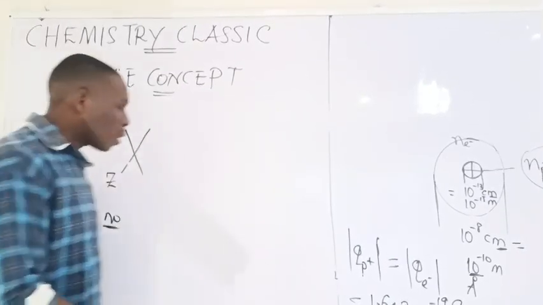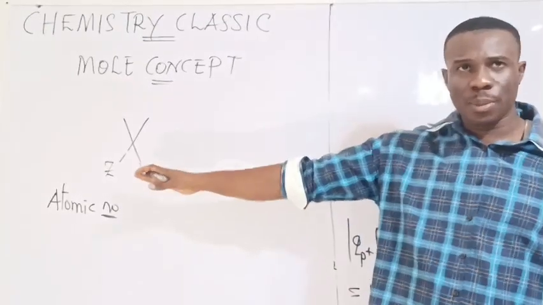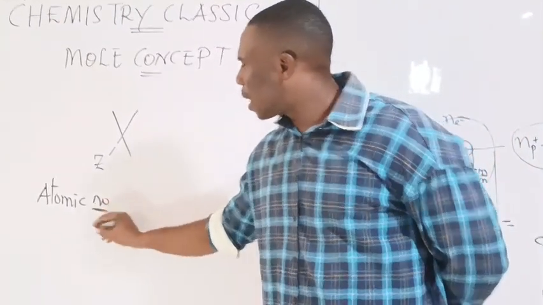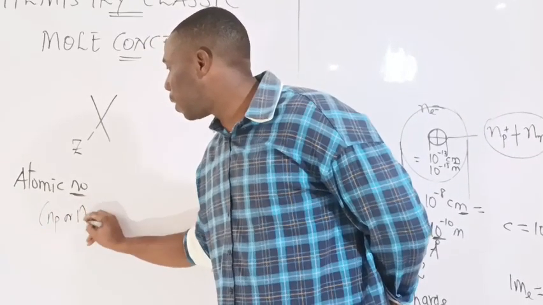And of course this number could be expressed in grams or atomic mass units. I'll talk more about that in a moment. Now, this atomic number is exactly the number of protons or the number of electrons.